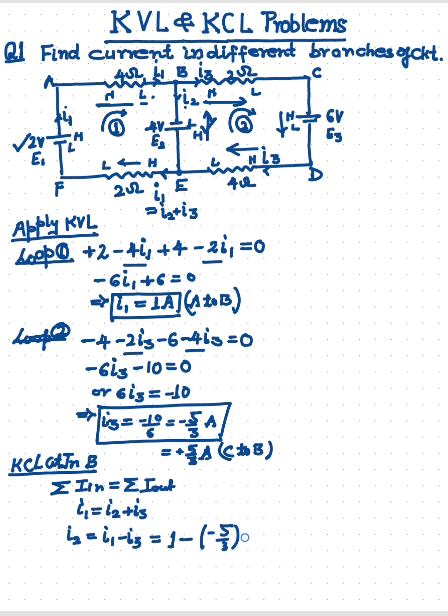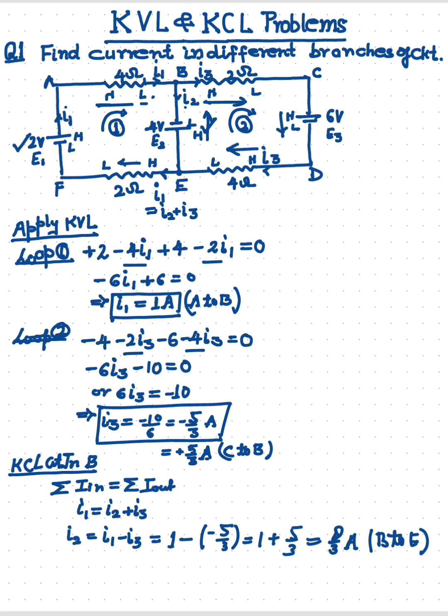So this will be 1 plus 5 upon 3, which is 8 upon 3 ampere. So we are getting it positive. That means the direction we assumed is the correct direction. So this direction will be B to E. Clear?